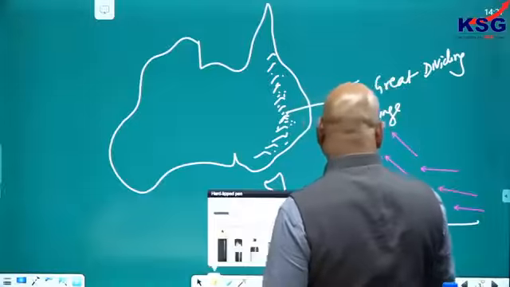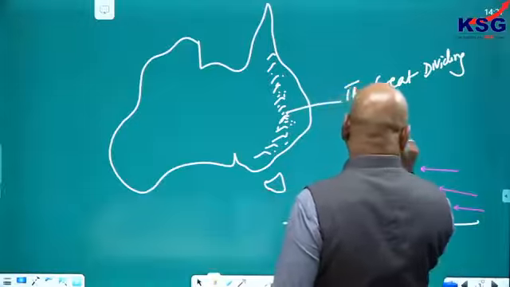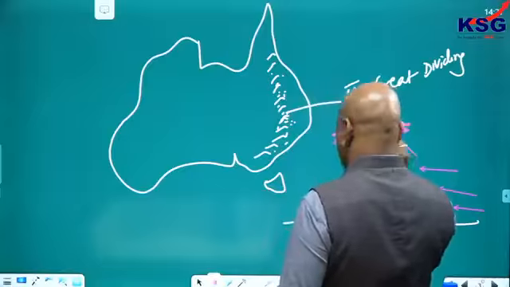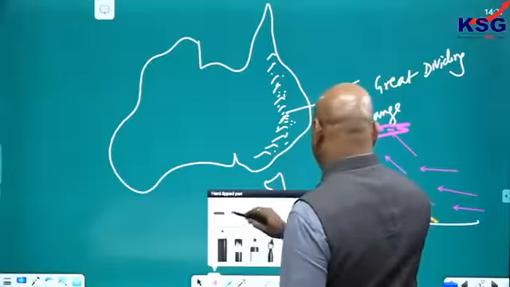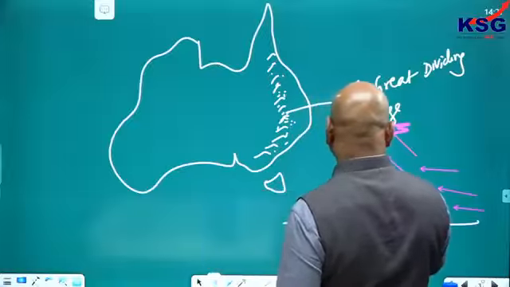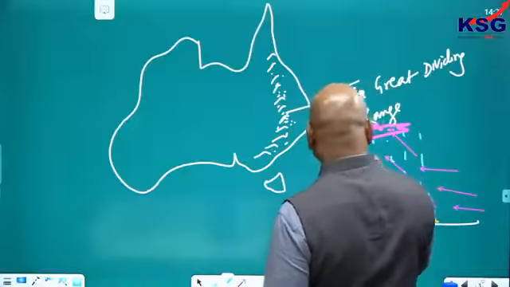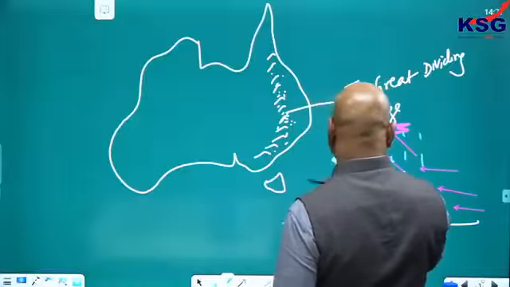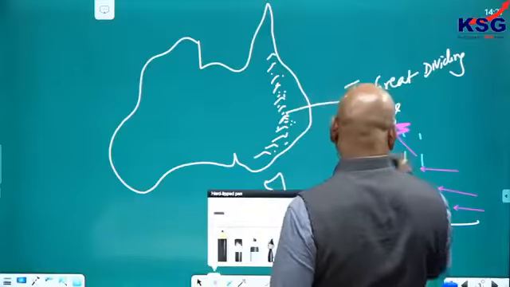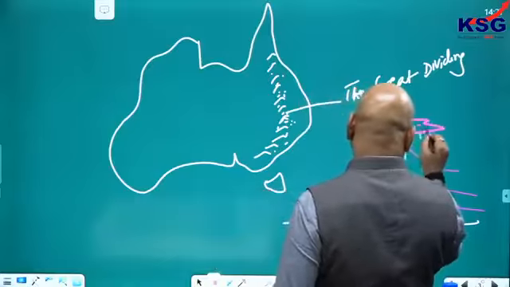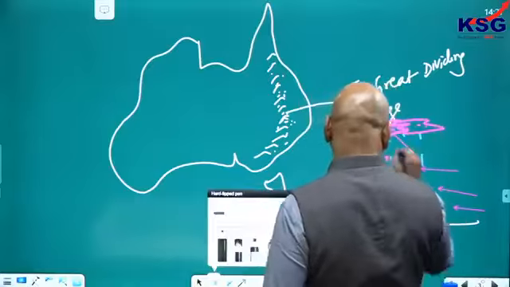It will form cloud, and subsequently it will give rainfall here. More rainfall on this side, more cloud formation and more rainfall on this side as compared to this side.